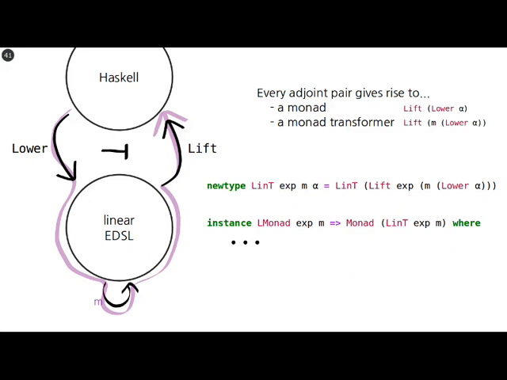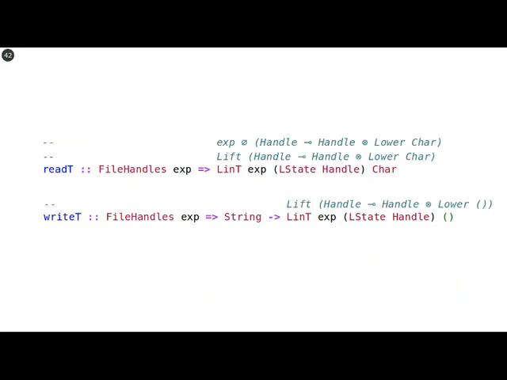So for any linear monad M, lift of M of lower is an ordinary Haskell monad, because it lives in Haskell up there. And so we can give it a monad instance, and it satisfies the monad laws. And then these operations, read and write, if you stare again, they actually have this form.